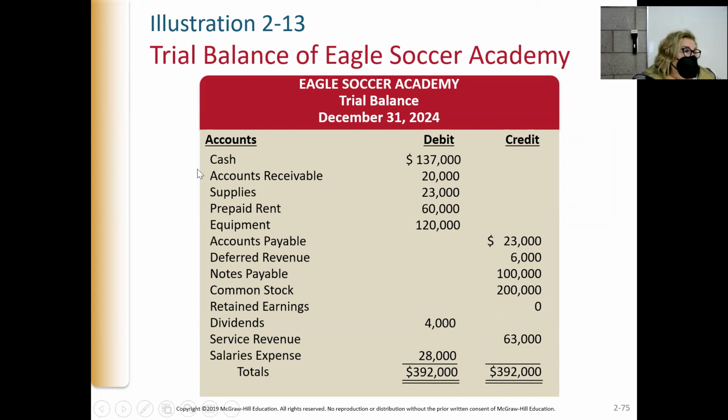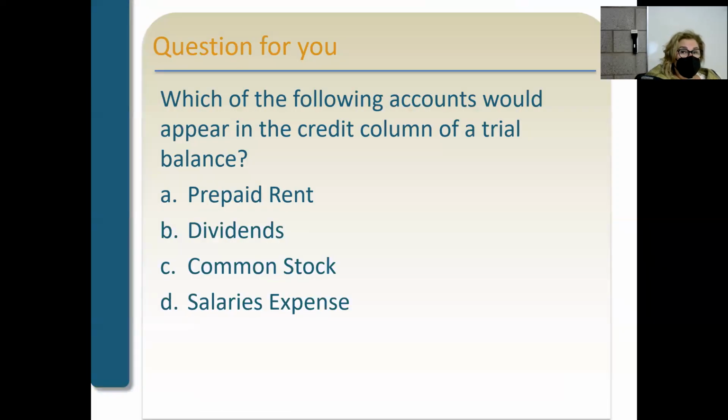So the trial balance goes in that order: assets, liabilities, stockholders' equity, dividends, revenues, and expenses. But do we balance? Do our debits equal our credits? They always have to.